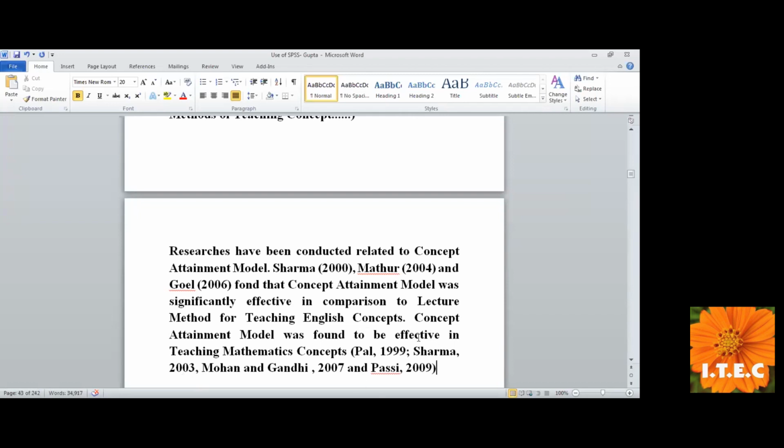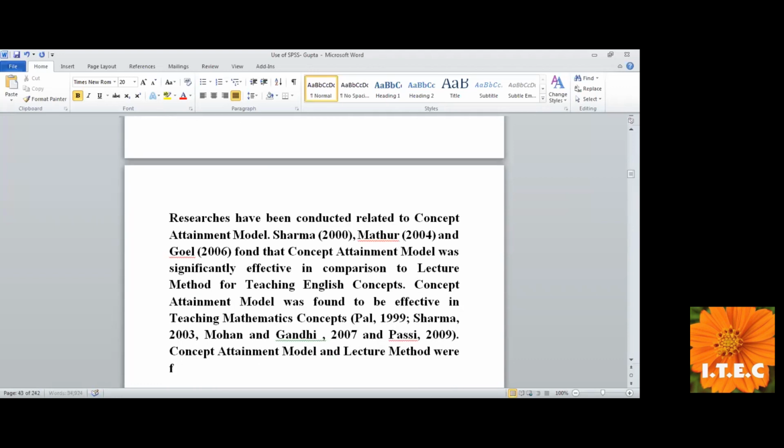And in this one, they did some research related to mathematics concepts, then maybe that concept attainment model and lecture method were found to be equally effective in teaching concepts of Hindi.